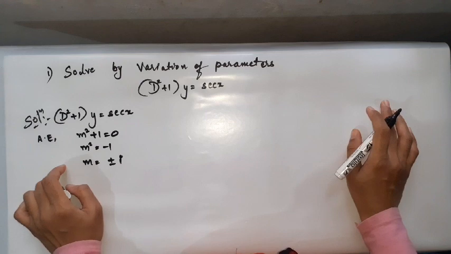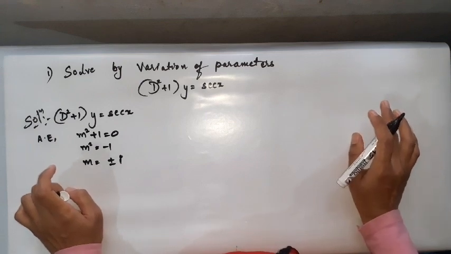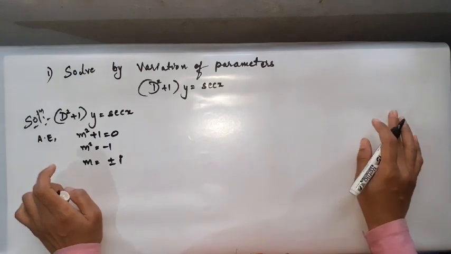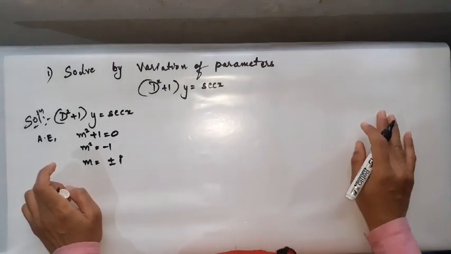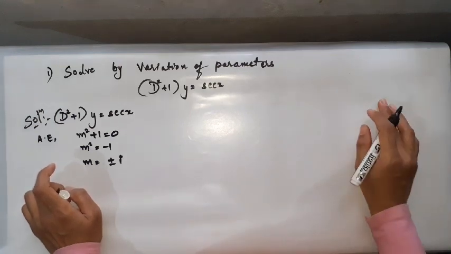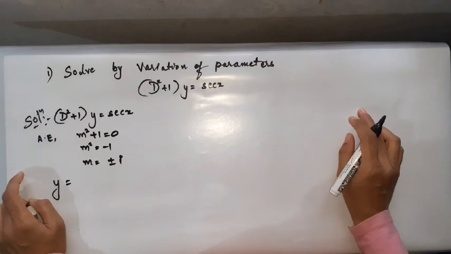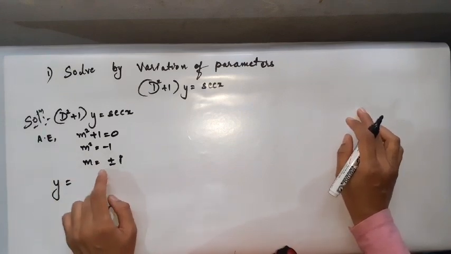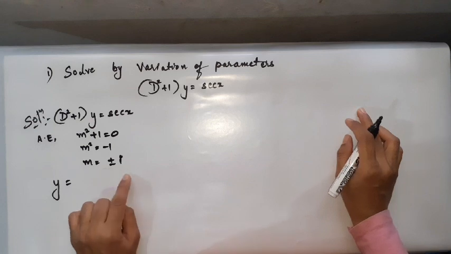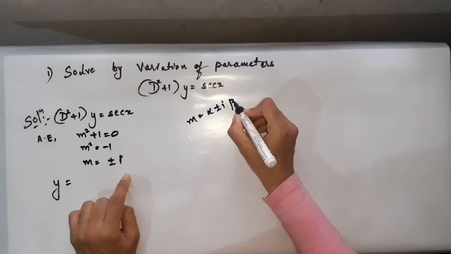Now, suppose you are not solving it by variation of parameters, how will you write the solution for it? Obviously, you will go for yc, right? The roots are imaginary, and the alpha value is 0, beta value is 1, if m is equal to alpha plus or minus i beta, the complex root.